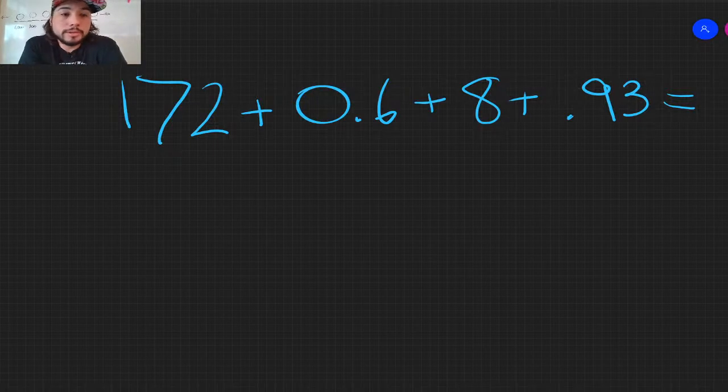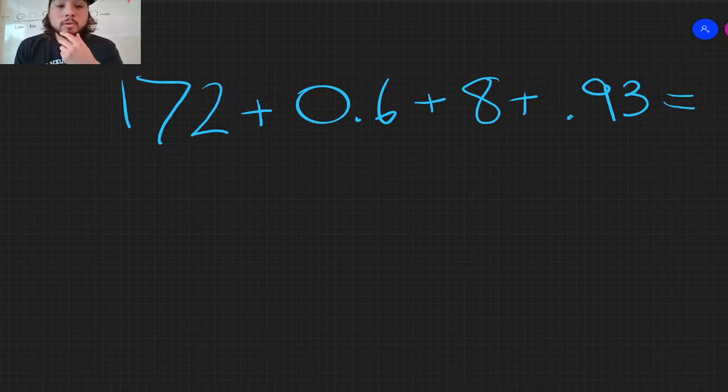We're doing 172 plus 6/10 plus 8 plus 93 hundredths. And our goal is to line this up in vertical form, stacking them on top of each other, and then be able to add them accurately.